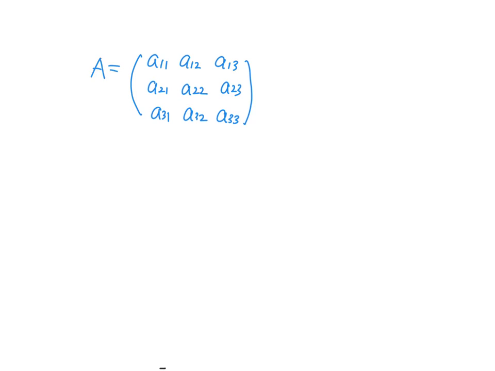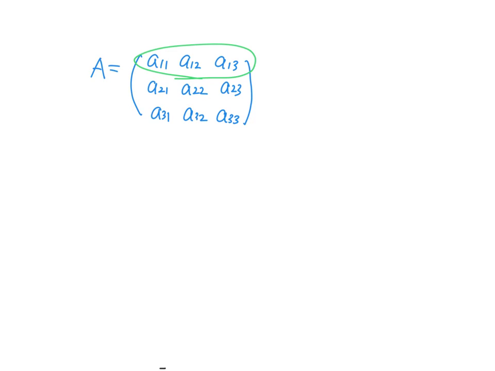So you must be now quite familiar with how to calculate the determinant. This is a general case, so it doesn't really matter which row or which column you expand with for the three-by-three matrix, but let's choose this row to calculate the determinant.